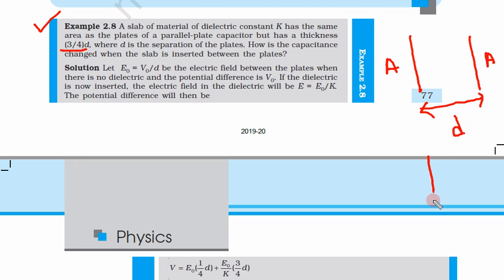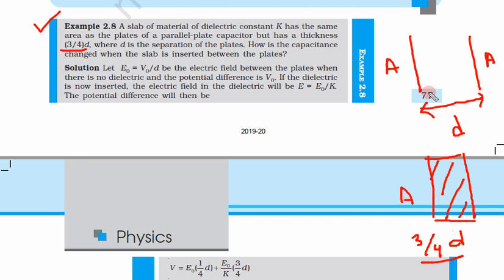Now we have a slab, the area of its surface is also the same, but its thickness is not d, it is less than d. It is a solid block and it is an insulator or dielectric. Its thickness or its width is 3 by 4 of d.